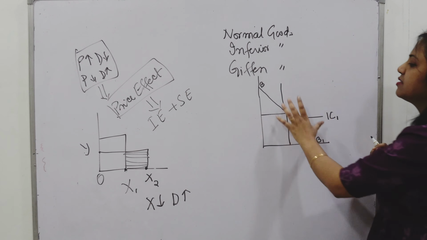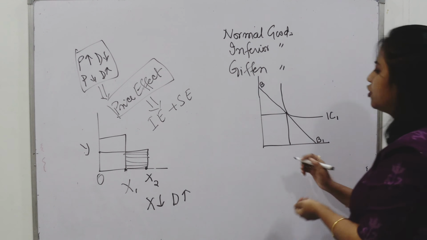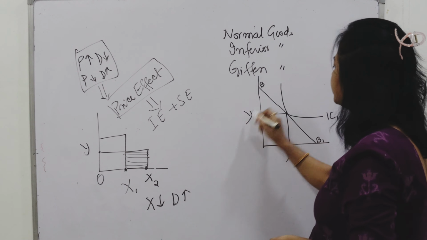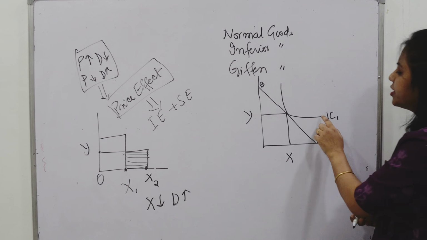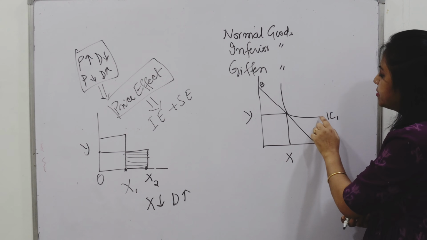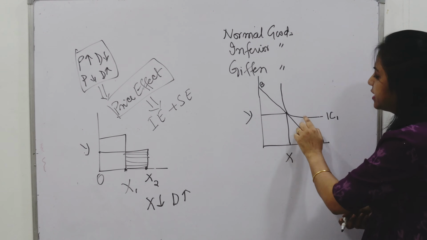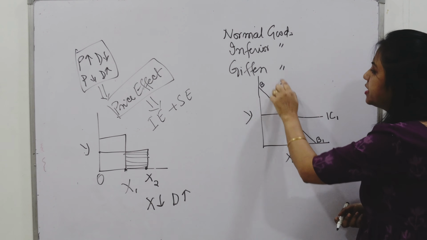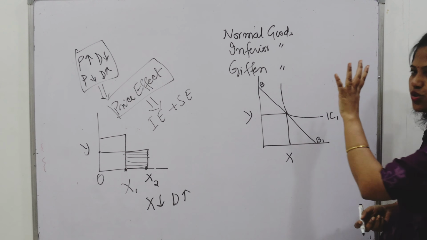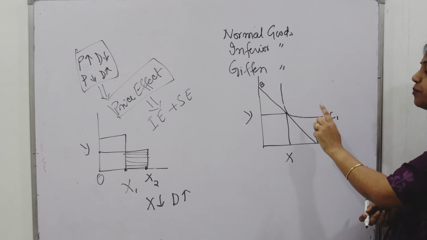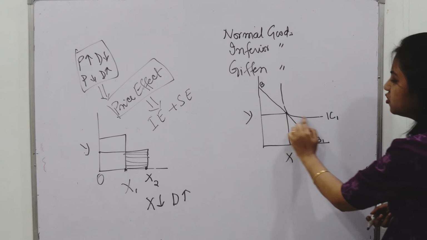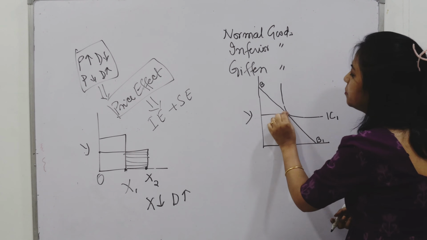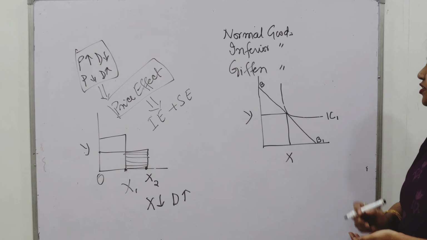IC means this is a curve which shows combinations of commodity X and Y, which gives the consumer the same amount of satisfaction. Now I can take this combination, I can take this combination, any point on this curve I can choose. But I will choose that point where the budget line, meaning how much I can buy, is tangent. This is the best combination.